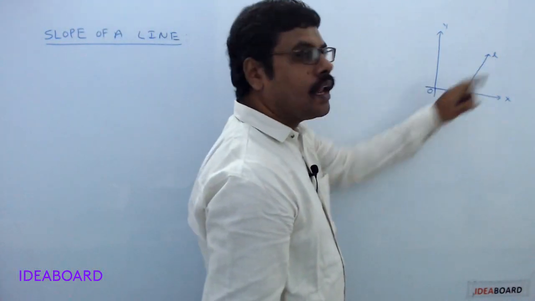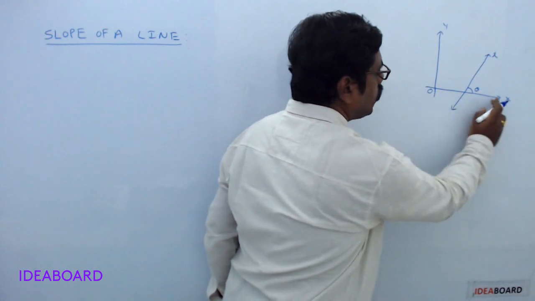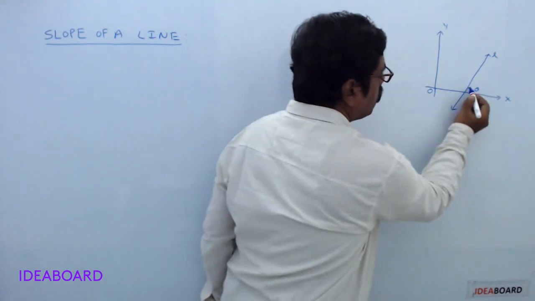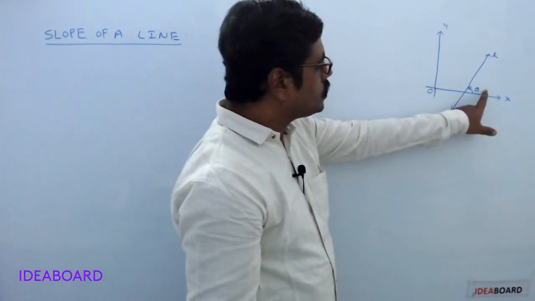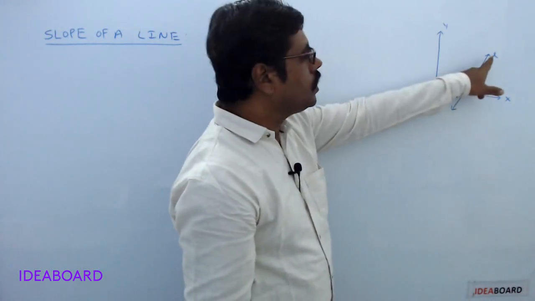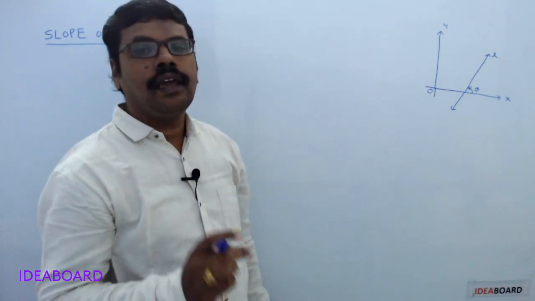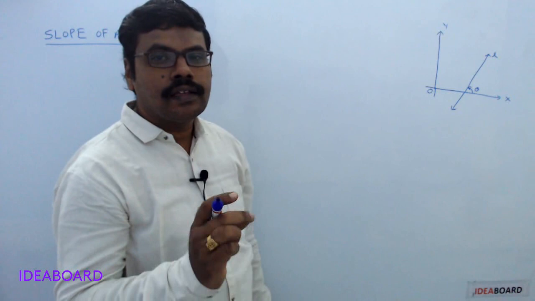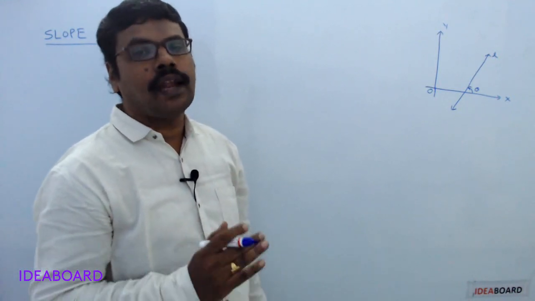Suppose this line L makes an angle theta with the positive direction of x-axis and measured in an anti-clockwise direction, then this theta is called inclination of the line L. If theta is the inclination of a line, then the value tan theta is called slope of the line.